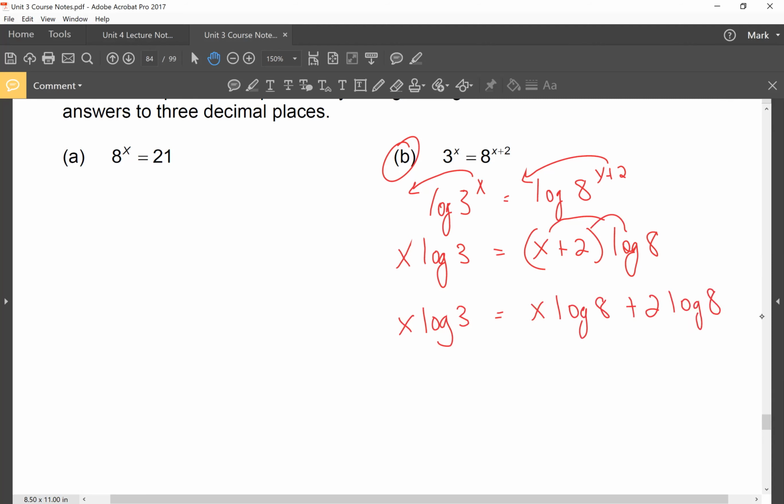All right, now I'm going to put my x's on one side of the equation and my numbers on the other. So x log 3 minus x log 8. Oh, sorry, that's not a lowercase, it's not base 3. It's x log 3 minus x log 8 equals 2 log 8.